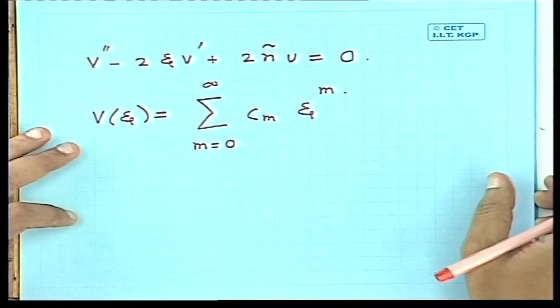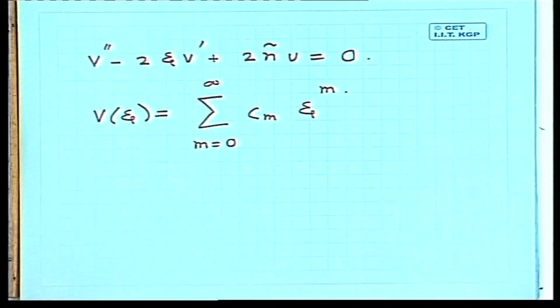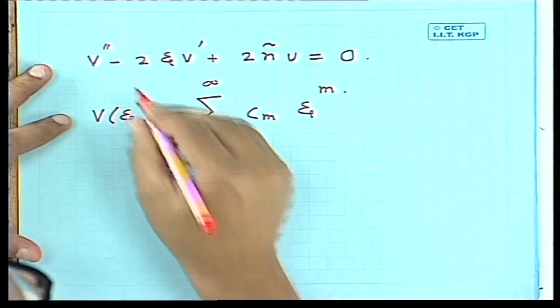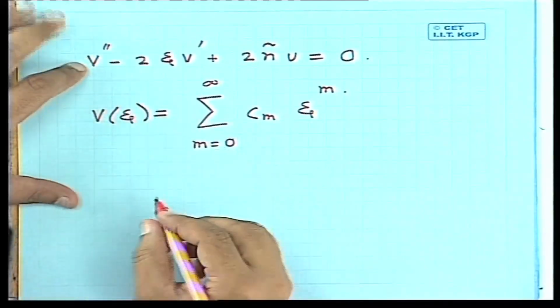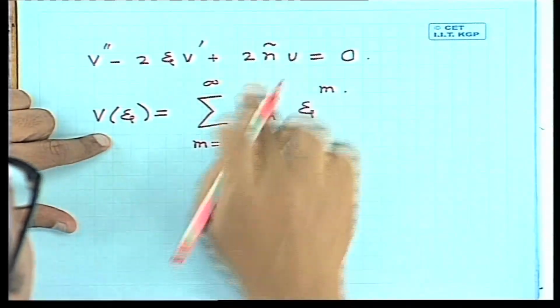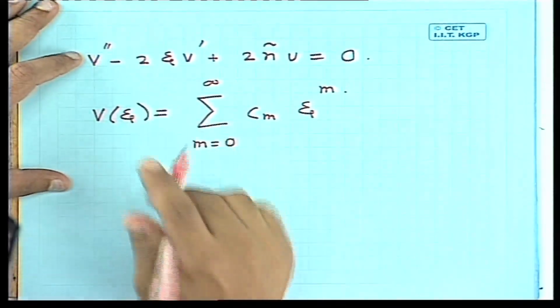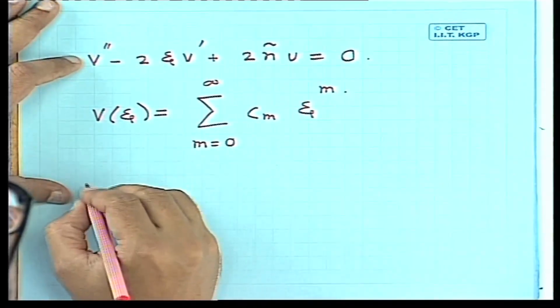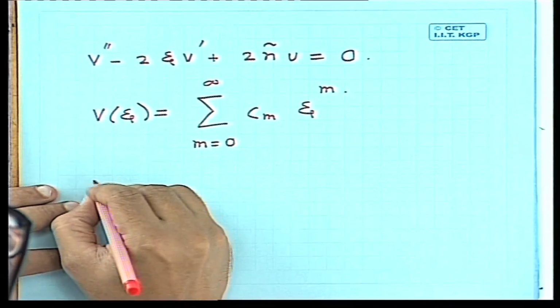So what do we get when we use this? Okay, what is v prime?